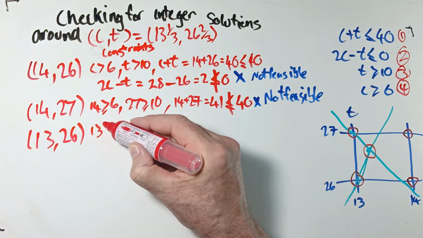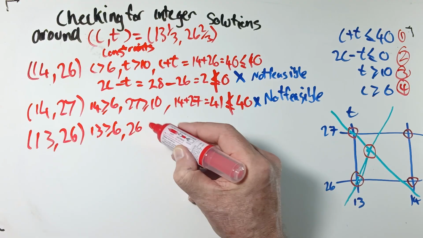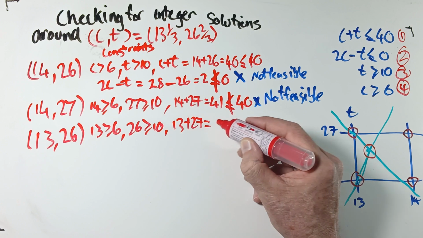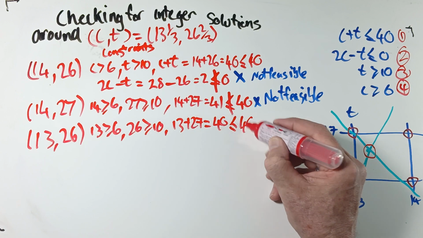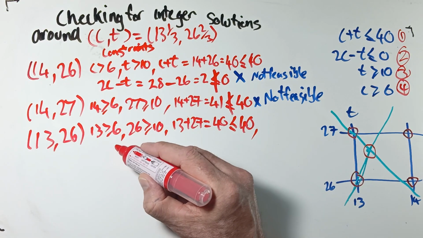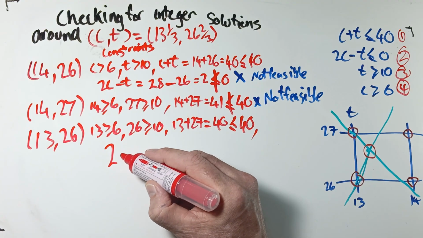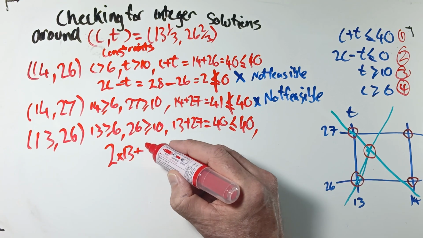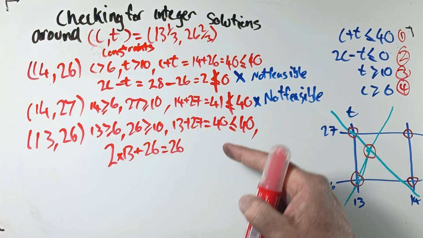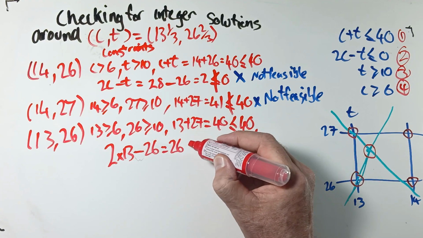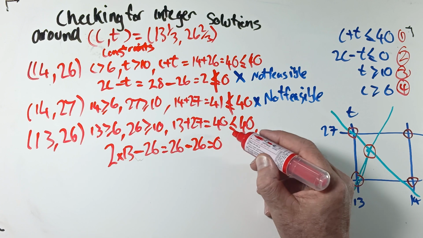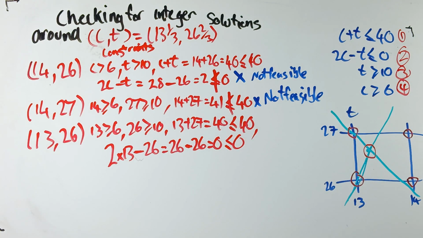We've got 13 is greater than or equal to 6, 26 is greater than or equal to 10, 13 plus 26 equals 39, which is less than or equal to 40, and we've got 2 times 13 is 26, minus 26 equals 0, which is less than or equal to 0. So this one is feasible.